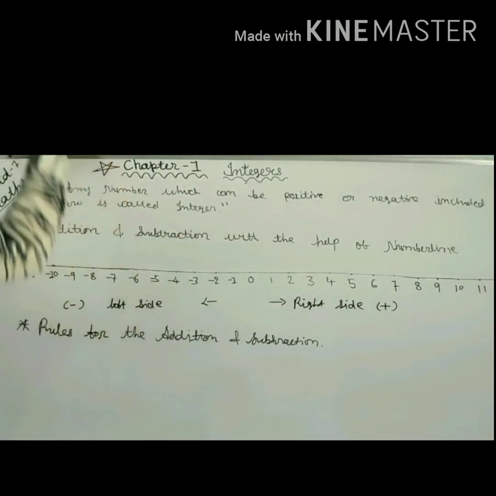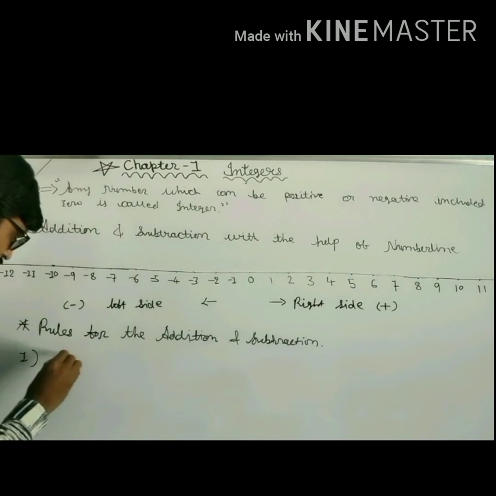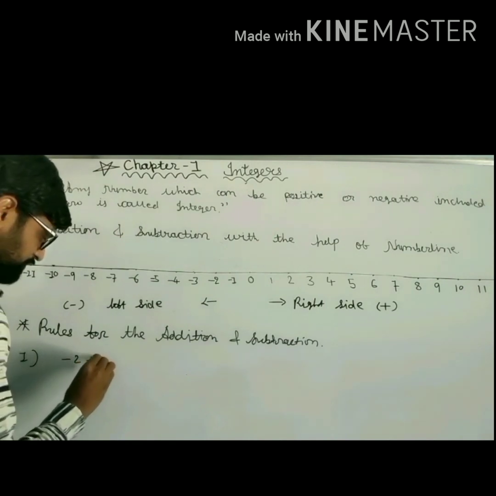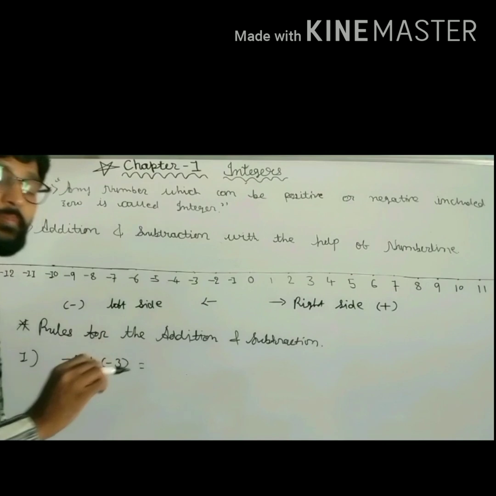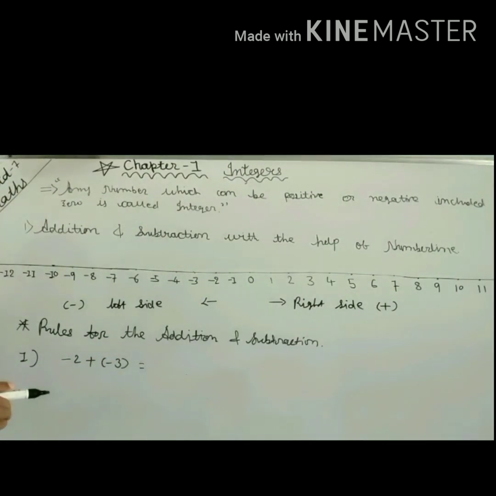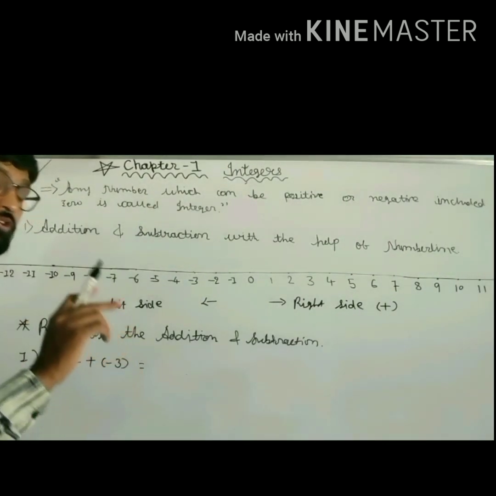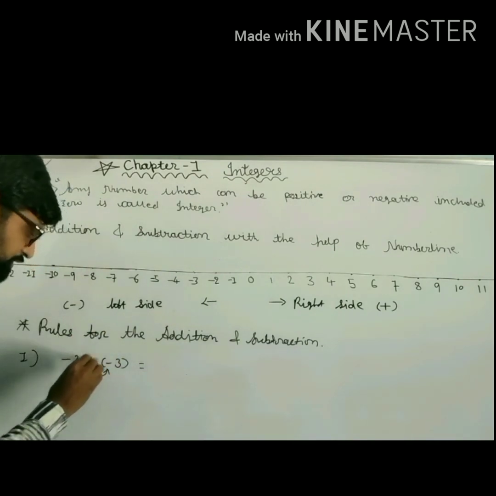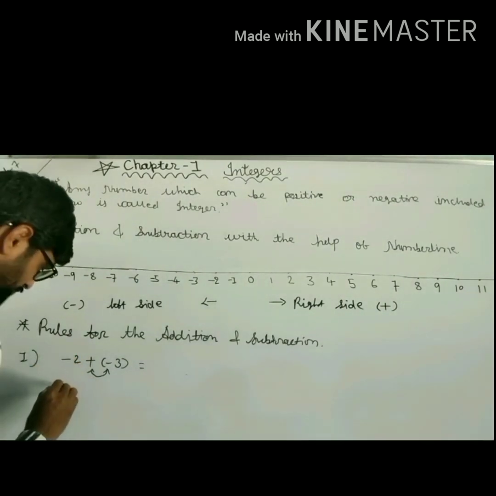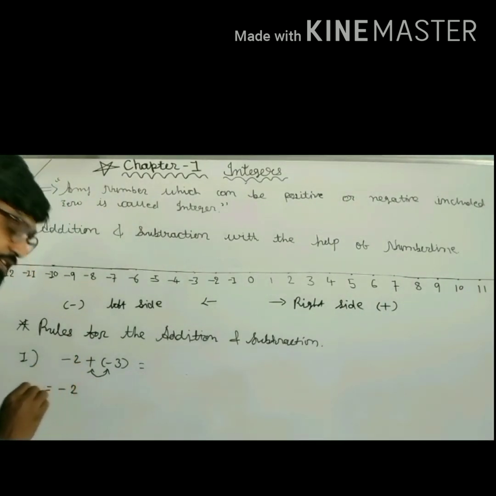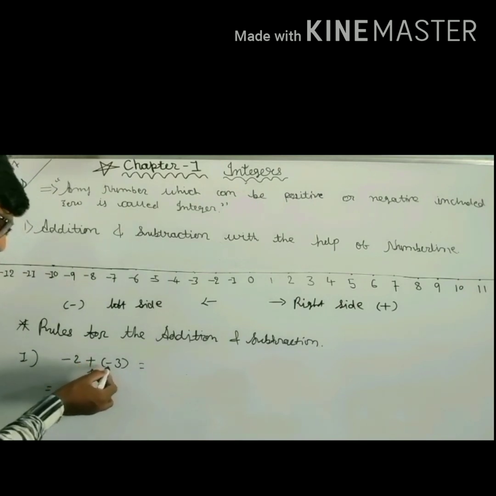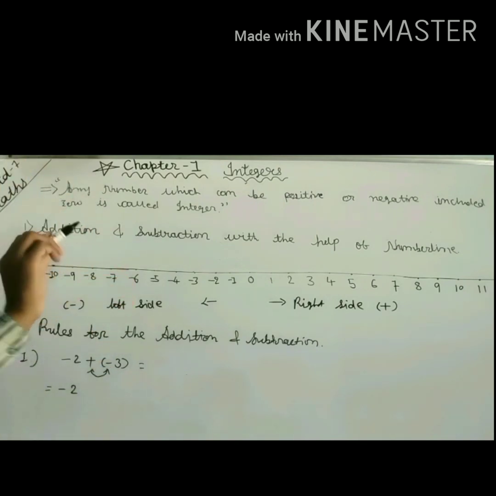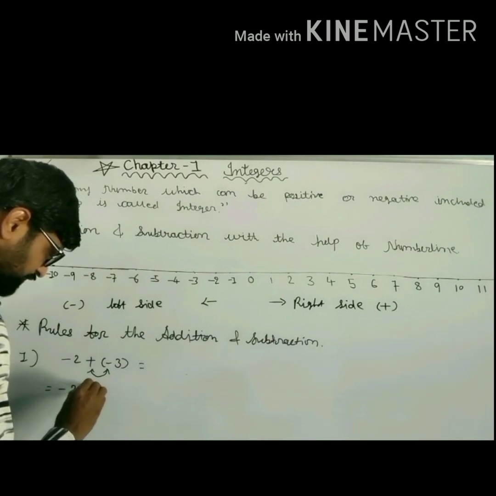If your number is given in brackets or two signs are mixed, suppose -2 plus -3, what will be the answer? Here you first have to remove the bracket, and whenever two signs are mixed like this, here plus and minus, you keep -2 as it is, and plus and minus as per the multiplication rule is minus, so you get -3.